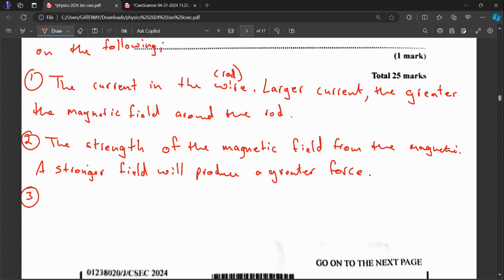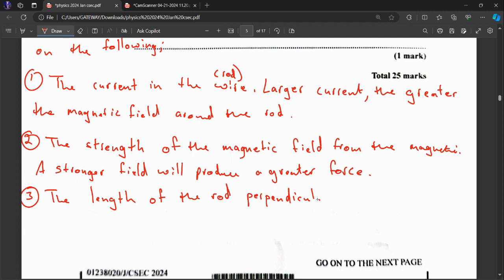And this last one here, which I believe to be the most important for this example that we did for this question, is the length of the rod. This is more relatable to the question.